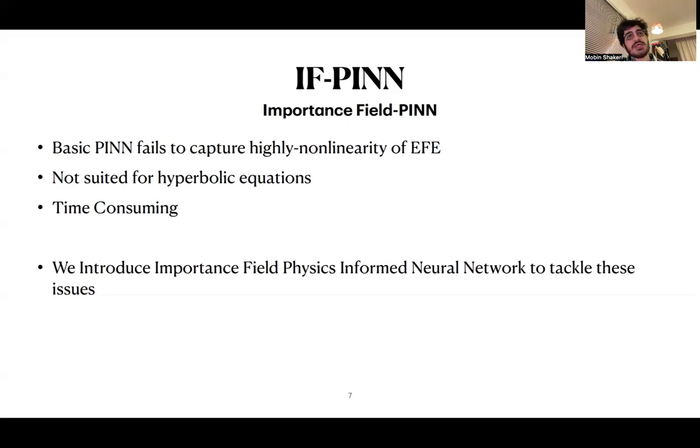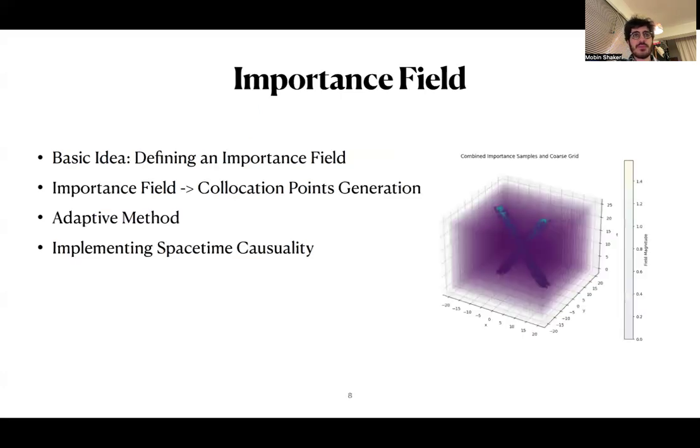To address these challenges, we introduce a new method called importance field physics-informed neural networks. We try to define the importance field on top of other fields on space-time to accommodate these issues. The basic idea is that the importance field selectively assigns higher weights to critical regions of the domain.